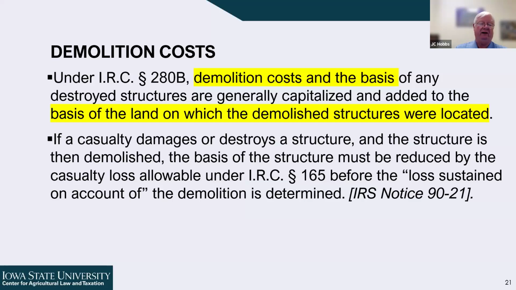So when it actually damages or destroys a structure that is demolished, the basis of that structure must be reduced by the casualty loss and that demolition cost. And look at IRS notice 9021 to walk through the process.